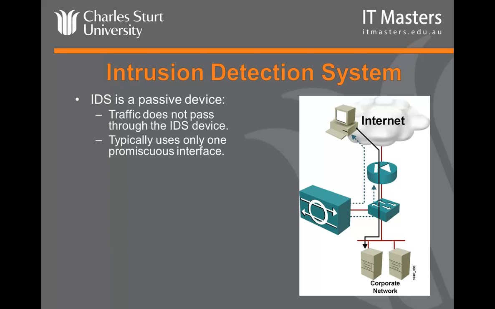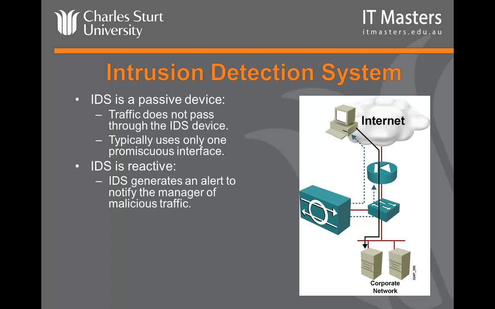That's the only requisite you need for network monitoring, but you can have multiple promiscuous interfaces if you want to monitor multiple networks at the same time. When the IDS detects malicious traffic, it'll send an alert to a configured management station, and we'll see that in the lab, where we'll be sending it off to log servers.